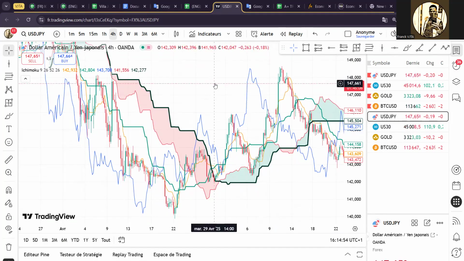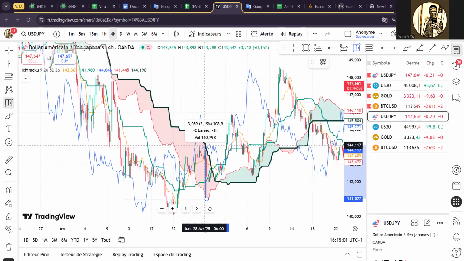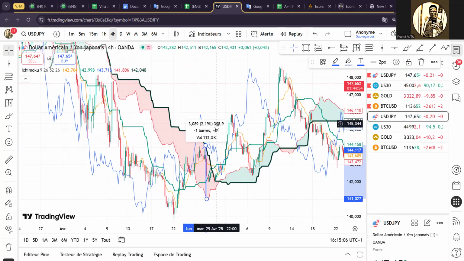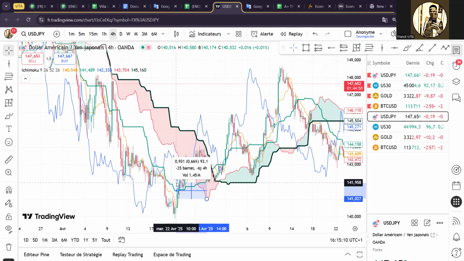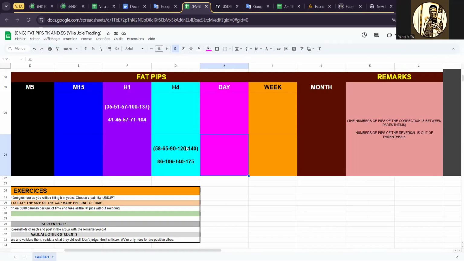You need to think in terms of this is the maximum size of correction pips, and this is the maximum size of reversal pips. Normally, this is for example 300 pips, 308 pips, right? Where were the candles? The candles were just here, 300 pips for the reversal.